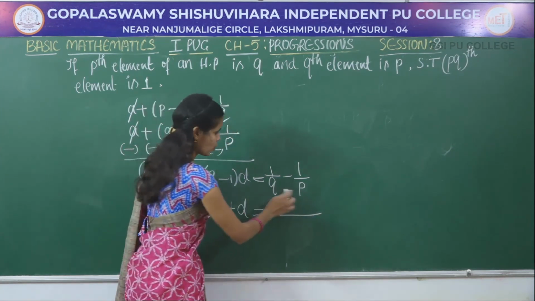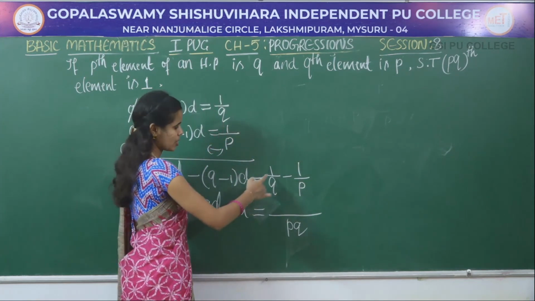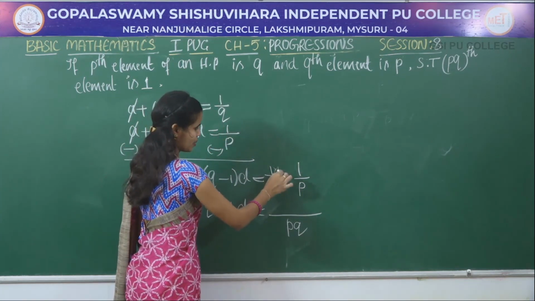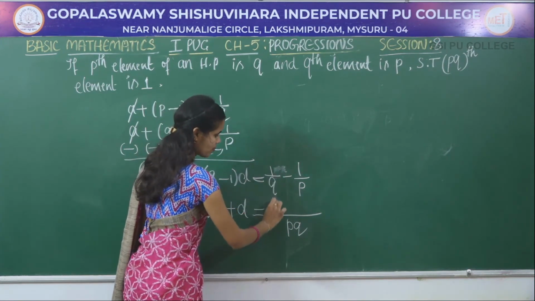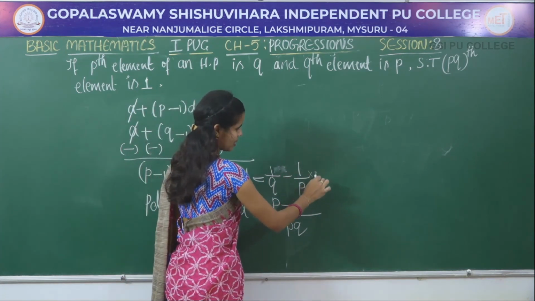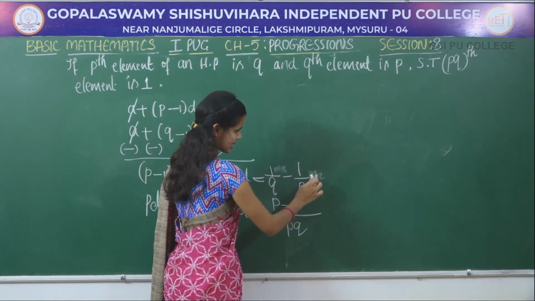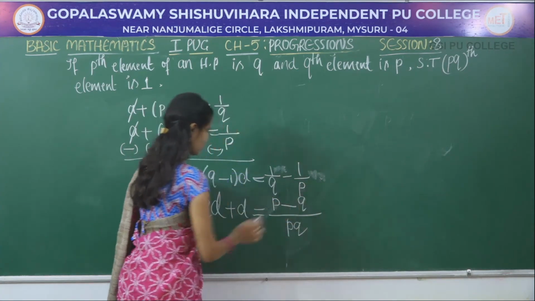The LCM of q and p is pq. Multiply each term by the LCM pq: the q's cancel, remaining p into 1, which is p; and minus 1 by p into pq, the p's cancel, remaining q.